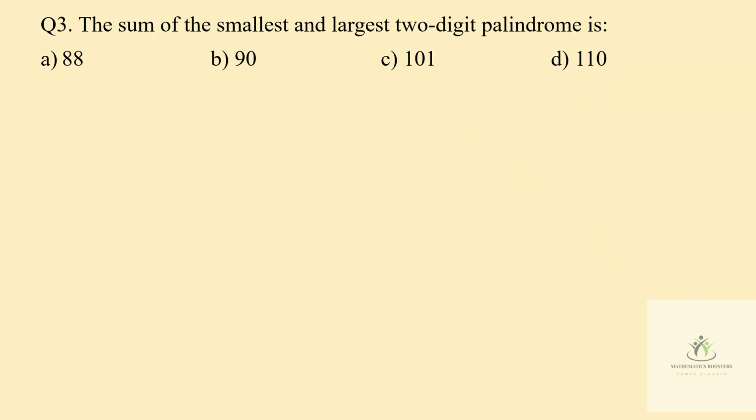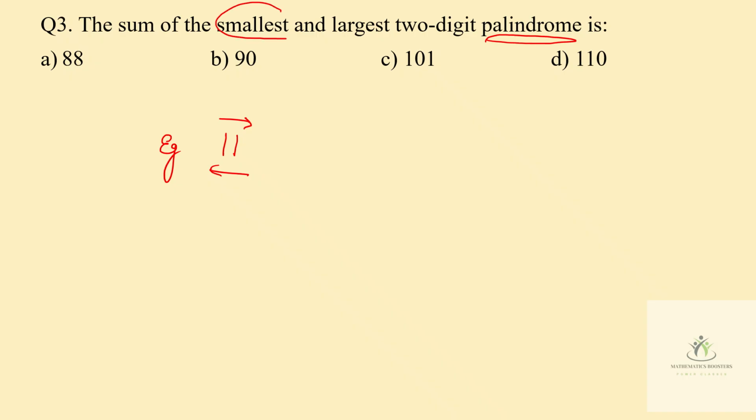Next, the sum of the smallest and the largest 2-digit palindrome. First, you need to understand what a palindrome number is. Palindrome numbers are the numbers which remain the same if you read from left to right or right to left. For example, 11. This is a palindrome.